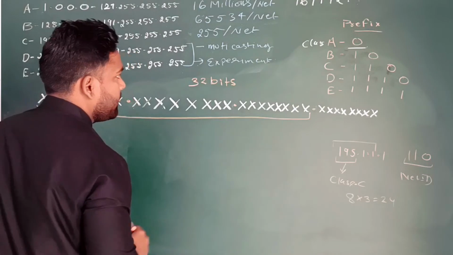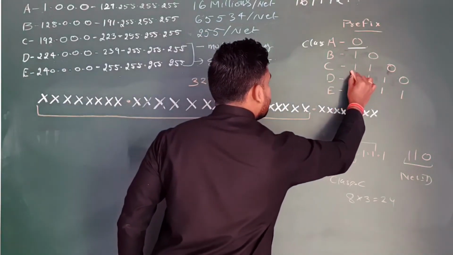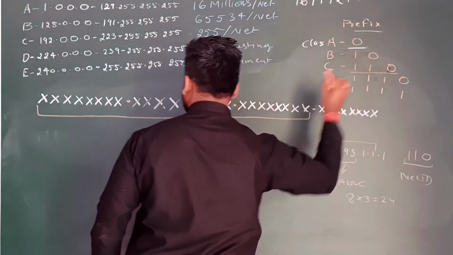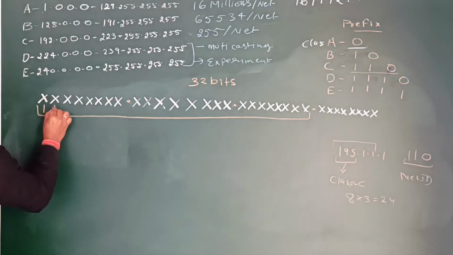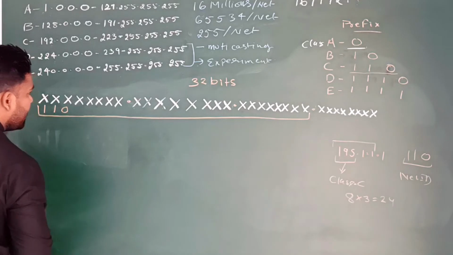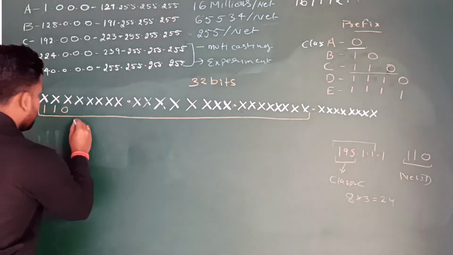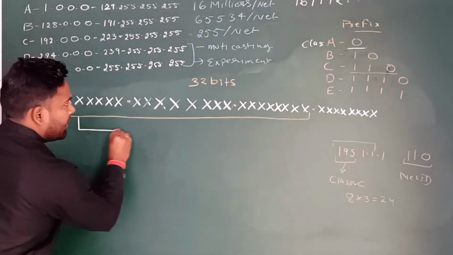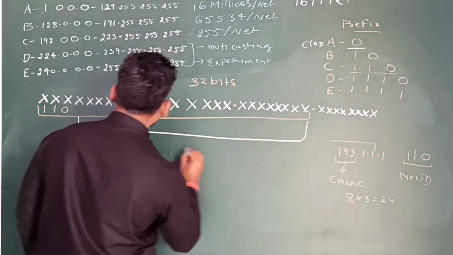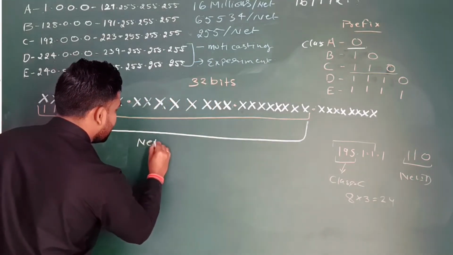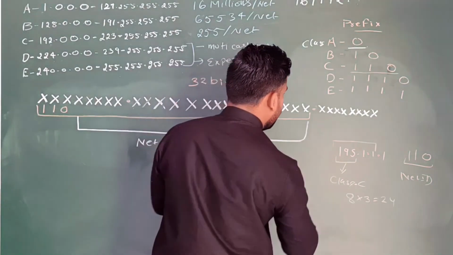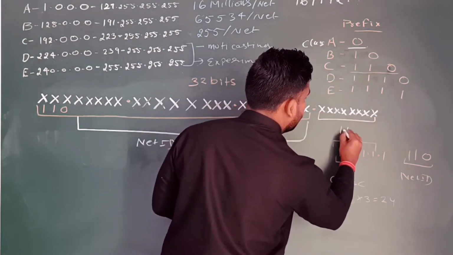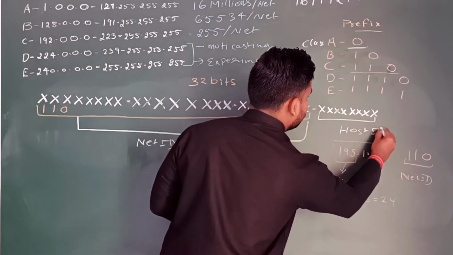But please wait. This is the prefix 110. So 110 will be added as a prefix, and the remaining bits will be taken as the network ID, and the rest will be considered as the host ID.